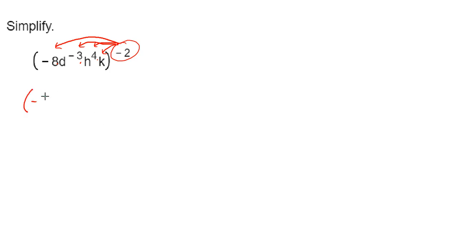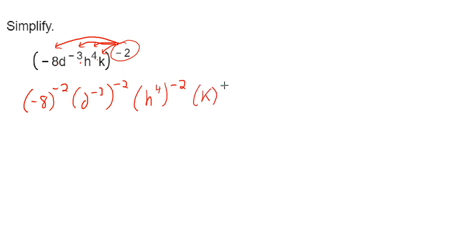So we're going to have negative 8, make sure to include the negative here, raised to the negative second power. We'll have d to the negative third power raised to the negative second power. We'll have h to the fourth power raised to the negative second power. And then we'll have k raised to the negative second power. So I'm applying that power of negative 2 to each thing inside the parentheses.